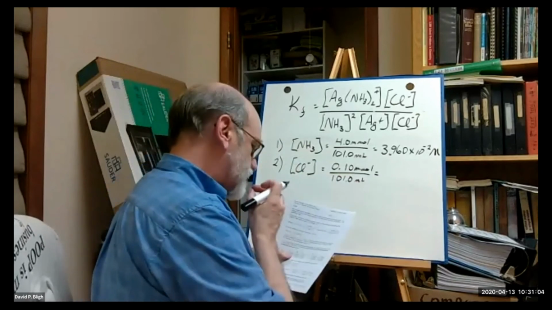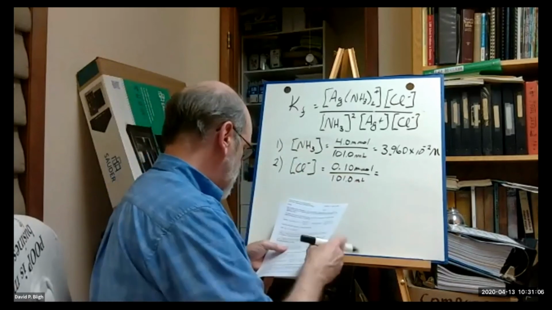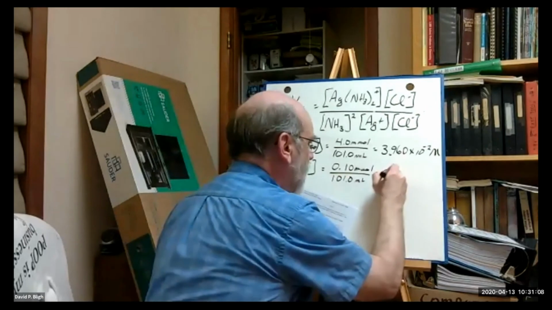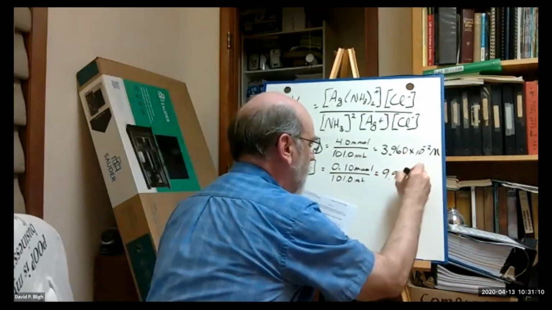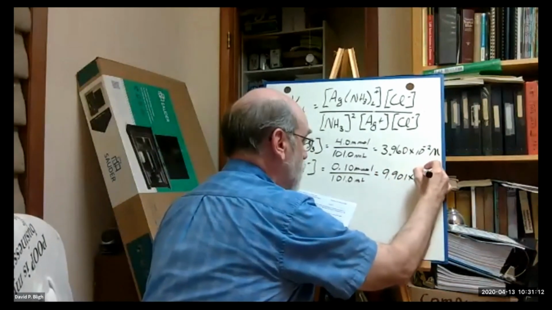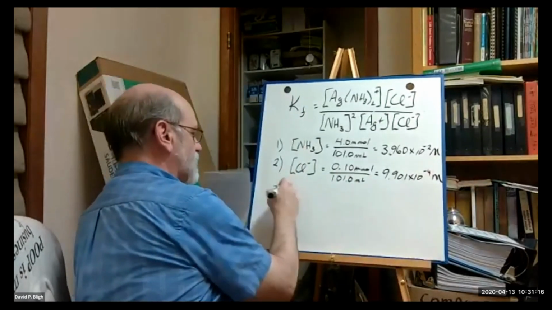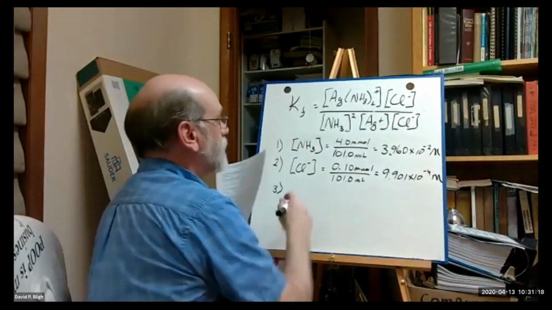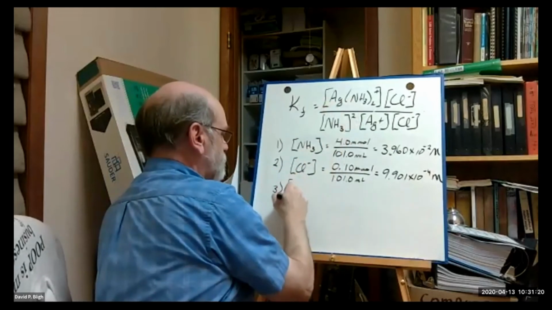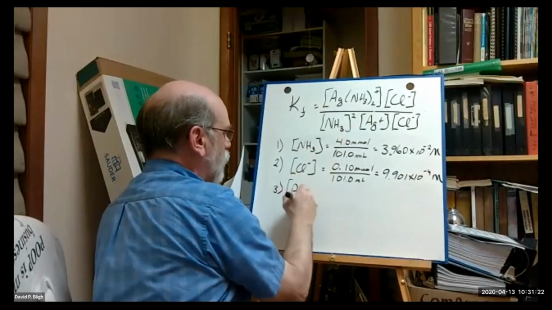So that calculation is 9.901 times 10 to the minus 4 molarity. And then the other is the complex ion. So I think I can write the whole thing out here.